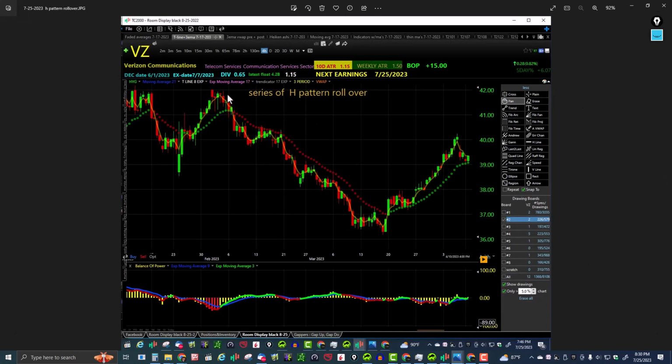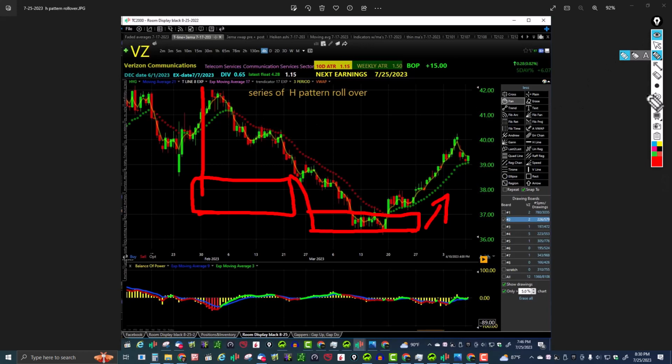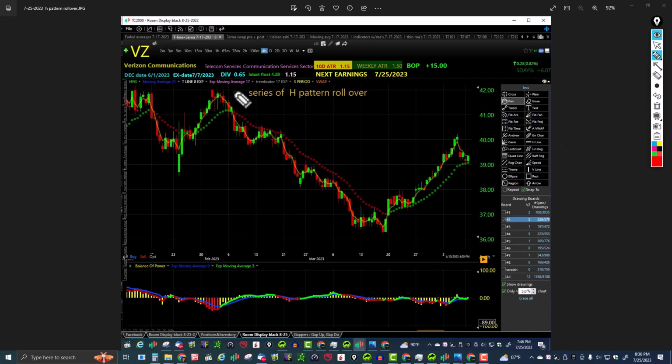Here we are with a series of H patterns. So price moves down, and then it comes back up, and then it usually hits some resistance right there. Notice you have prior resistance there. Well, that's what it did.